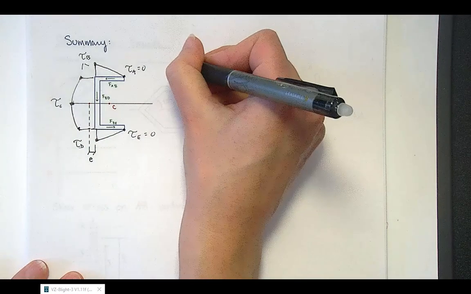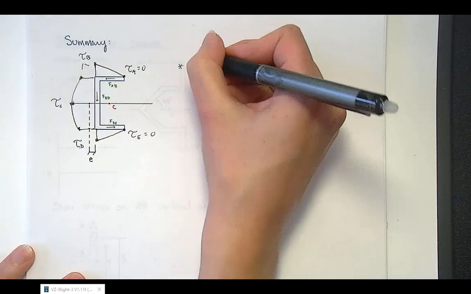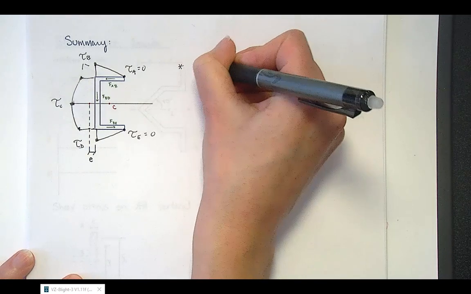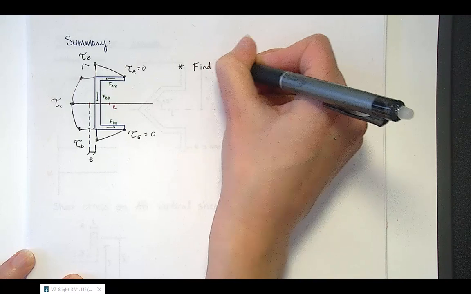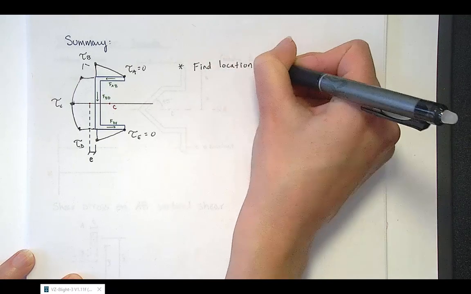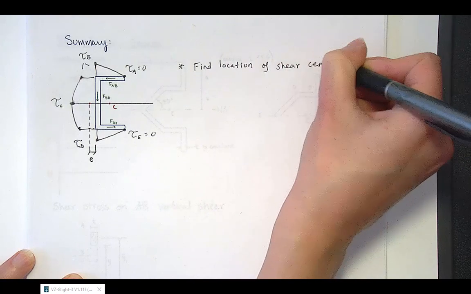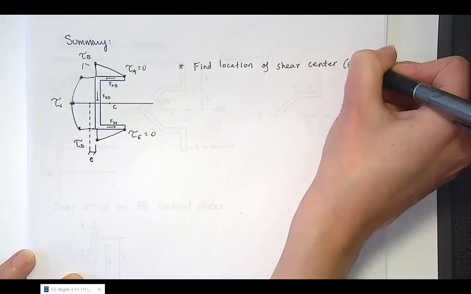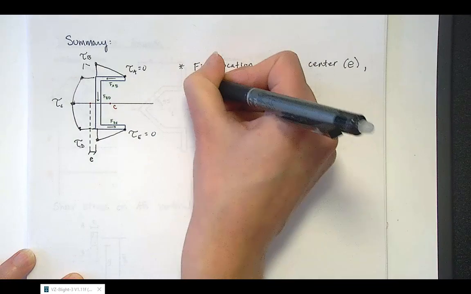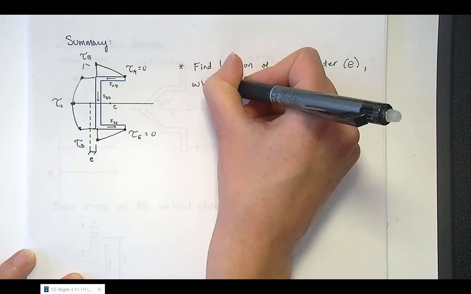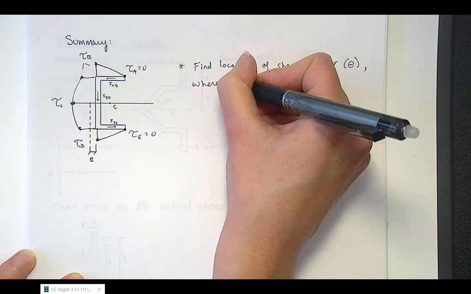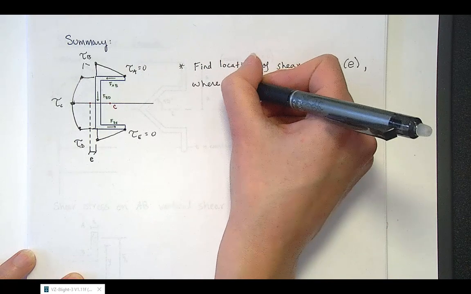So now we want to find the location of the shear center, the point where there will be no twist if a load is applied.